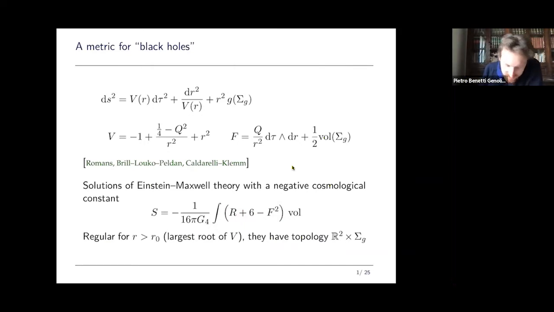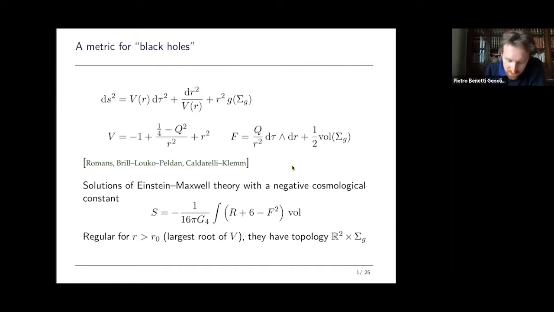These are solutions that are regular for any radius r larger than the largest root of V, because when V vanishes, you have the divergence in the metric. However, as you go closer to the point where V vanishes, if you change coordinates appropriately, you see that actually the space closes off smoothly.